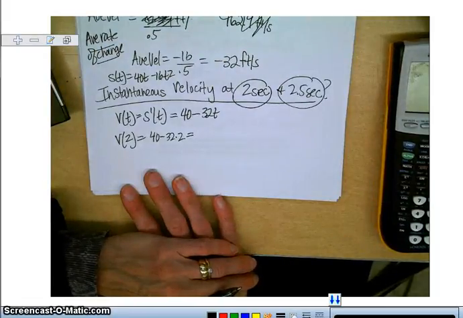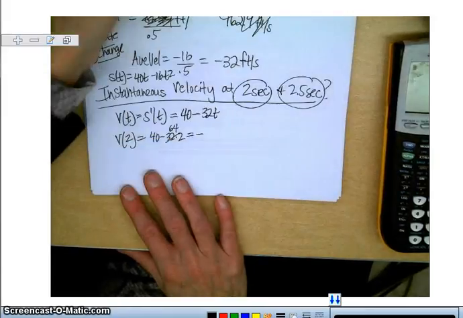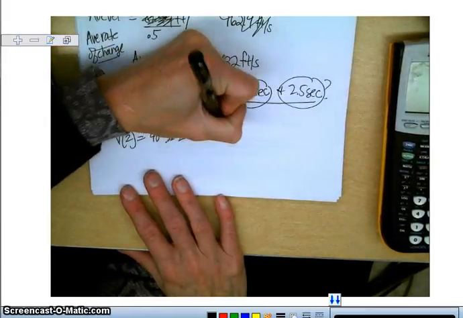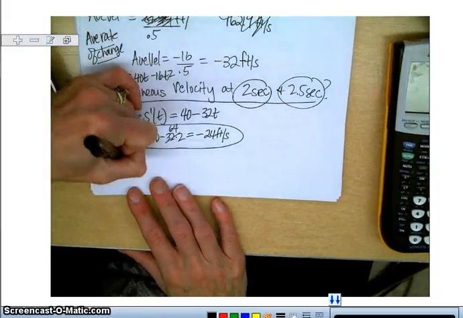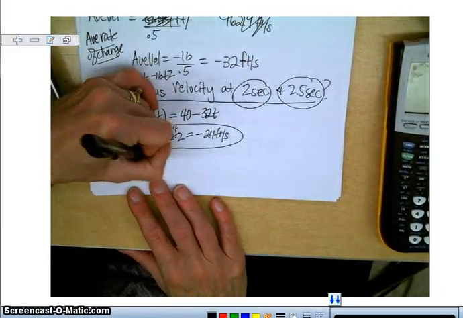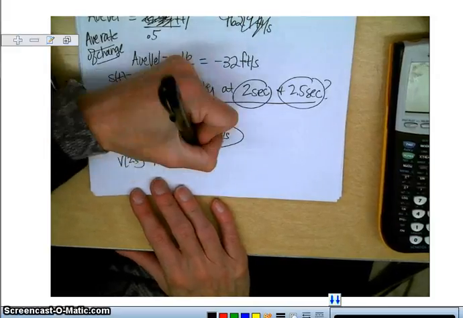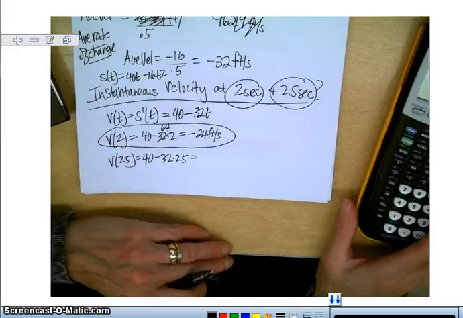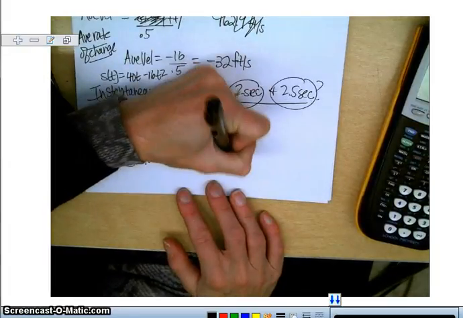What's that? 40 minus 64, negative 24 feet per second. And v of 2.5 would be 40 minus 32 times 2.5. What's that? Negative 40 feet per second.